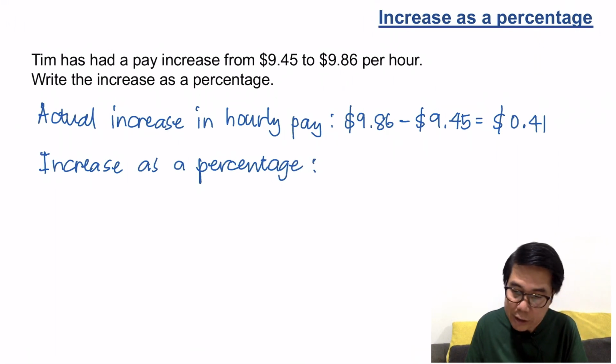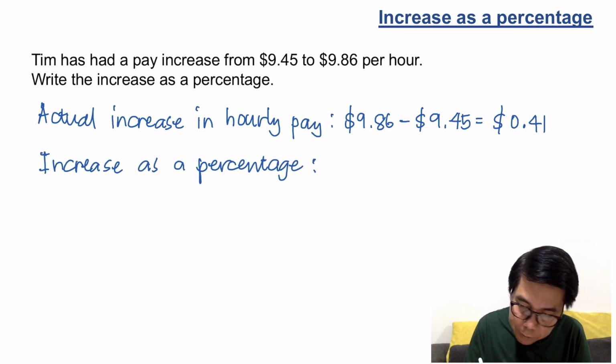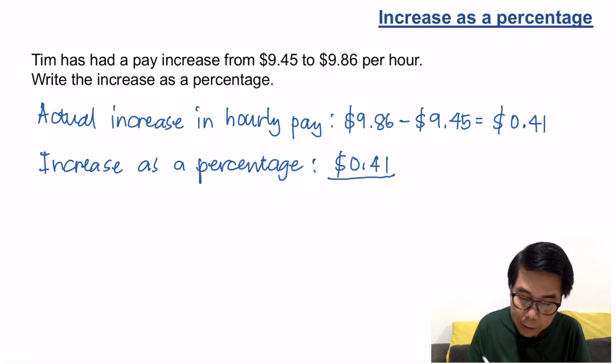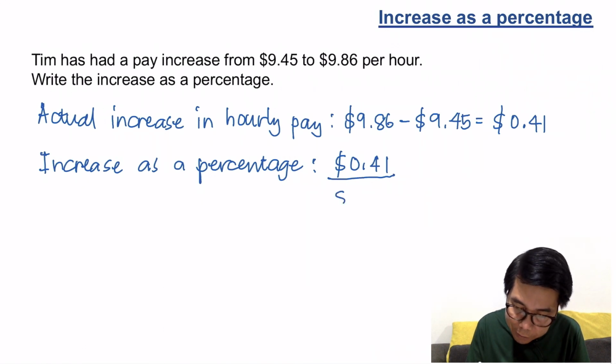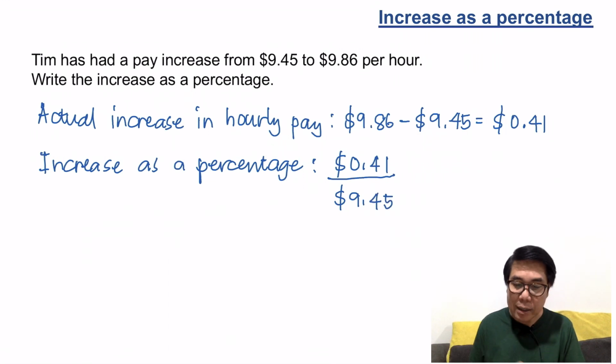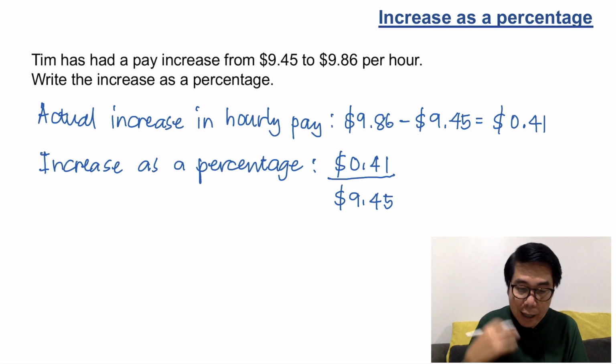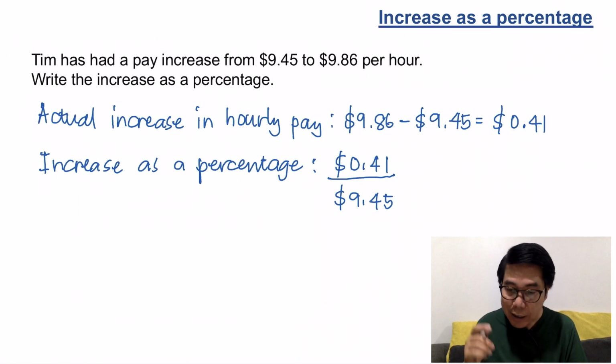So that means 41 cents over, originally, $9.45. The actual increase in hourly pay is 41 cents.